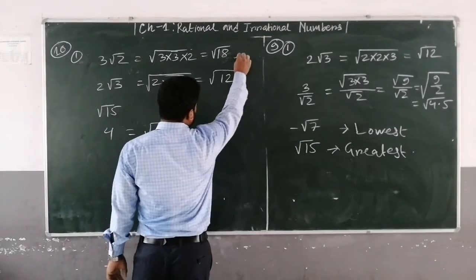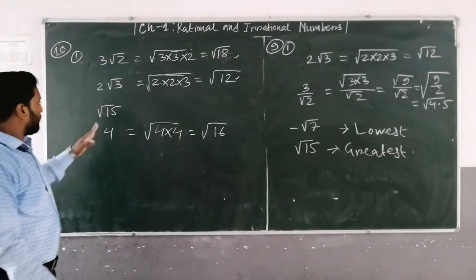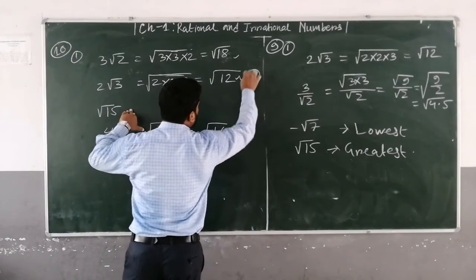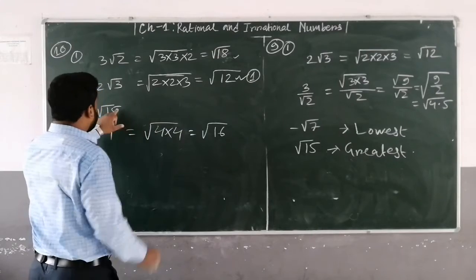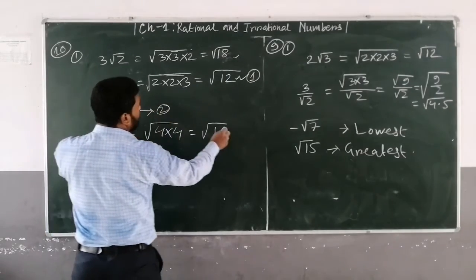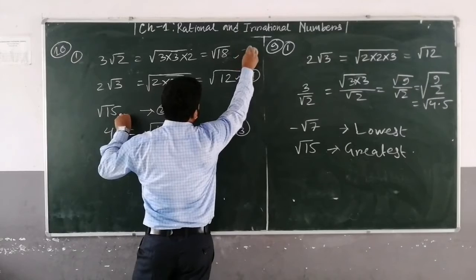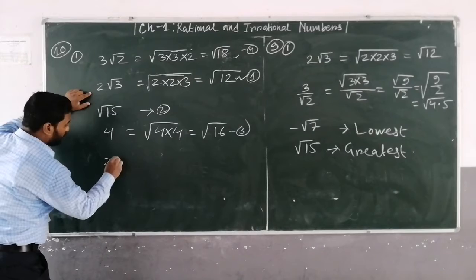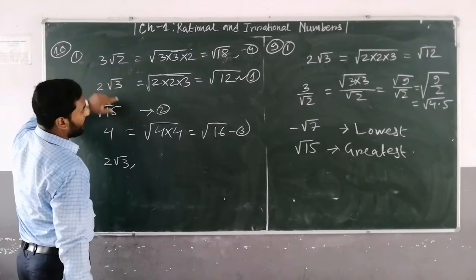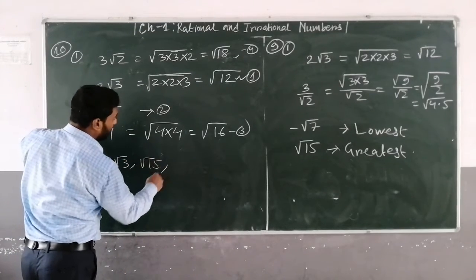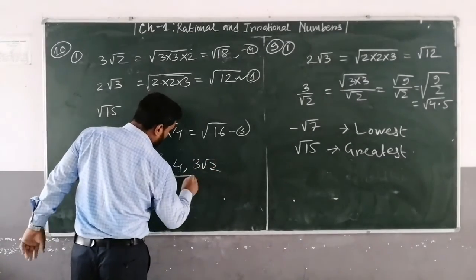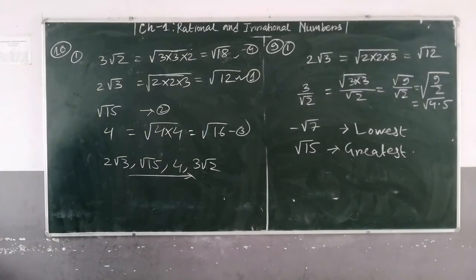The lowest is √12, then √15, then √16, then √18 is the greatest. So first the lowest number is 2√3, then √15, then 4, then 3√2. So this is the ascending order. In this way you can arrange it. The second part you can solve by yourself.